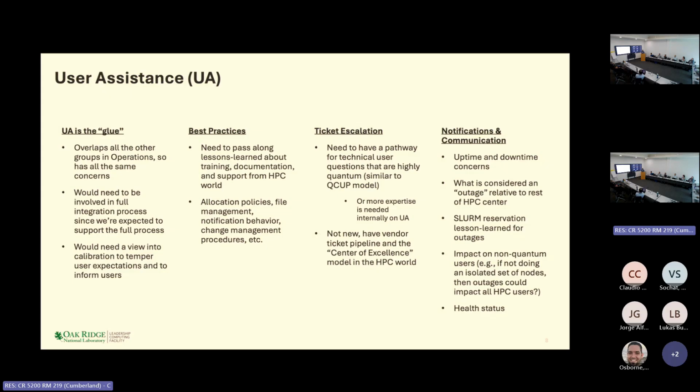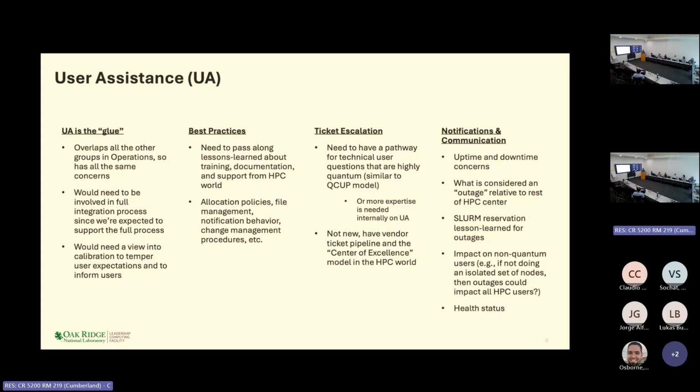And then last, but not least, I mentioned uptime and downtime concerns. One thing I thought was interesting was the impact on non-quantum users. So depending on if we're doing an isolated set of nodes, or just doing a Slurm partition where the Slurm partition, or QoS, can talk to the QPU for everybody, what does downtime mean for the people that don't care about quantum, right?